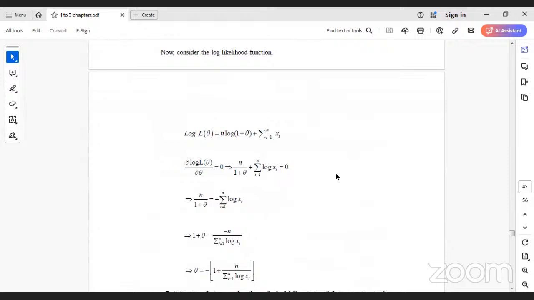So the partial derivative of log L with respect to theta is equal to n by (1 + theta) plus the summation of log xi. The condition is that the partial derivative is equal to 0. So therefore we are taking here n by (1 + theta) plus the summation of i = 1 to n of log xi equals 0.